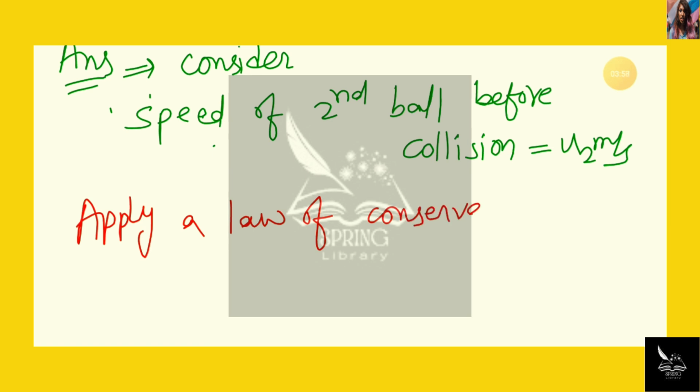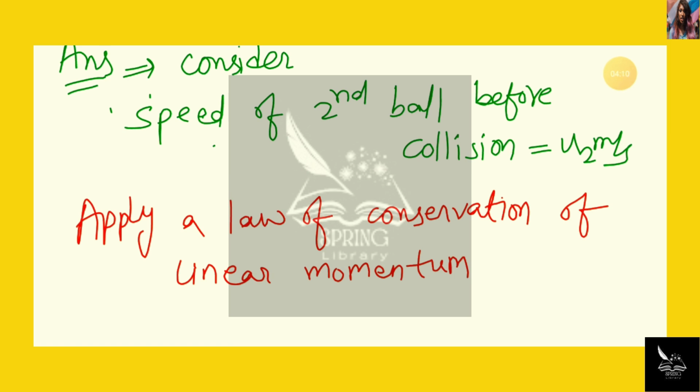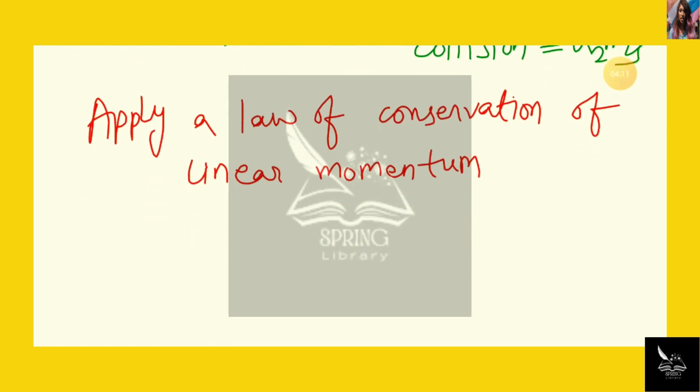According to this law, the linear momentum before collision will be equal to the linear momentum after collision. So on the left side I will write the linear momentum before collision: m1 u1 plus m2 u2 is equal to the linear momentum after collision.